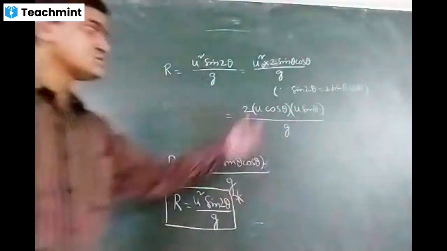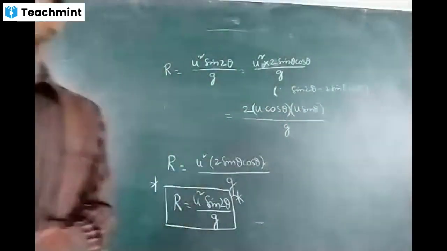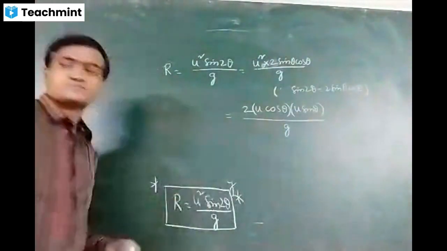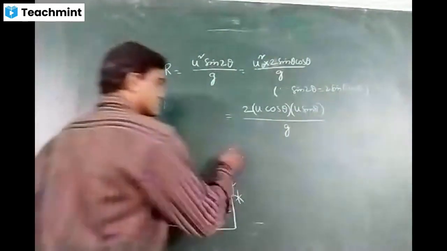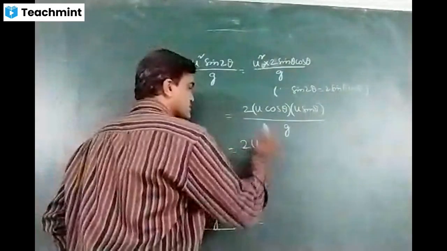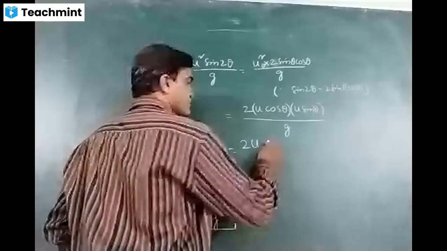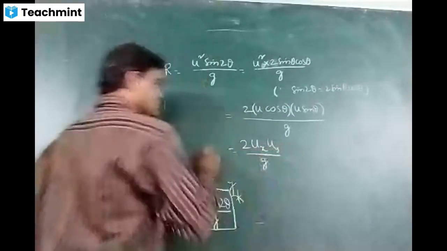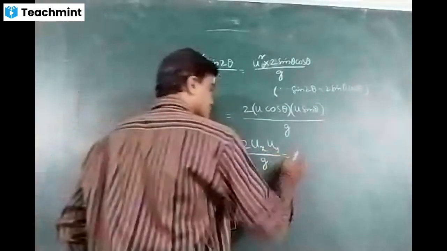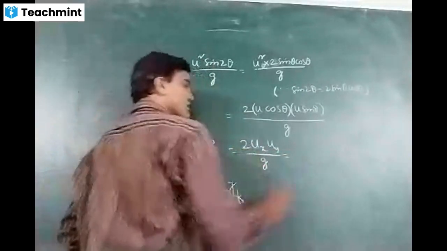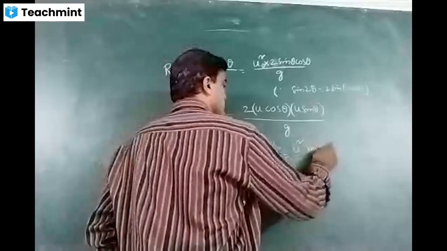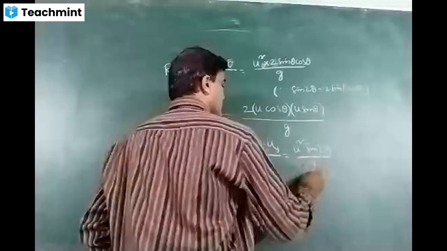What is this u cos θ called? The symbol for u cos θ is ux, and the symbol for u sin θ is uy. So remember this also. R = 2 ux uy / g, which is also equal to u² sin 2θ / g.